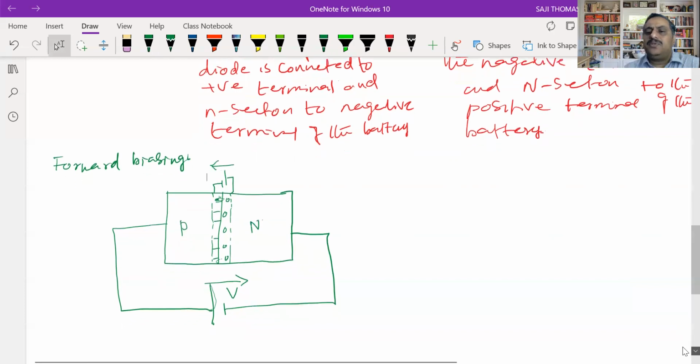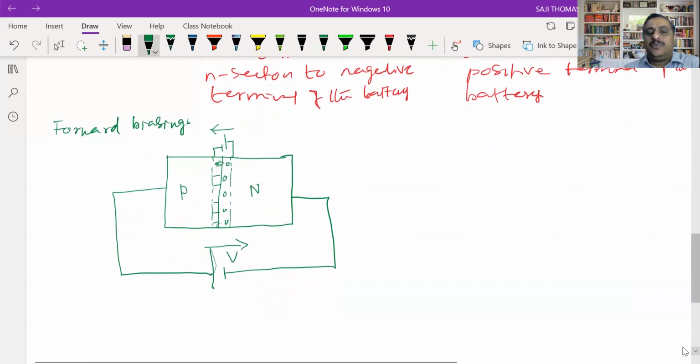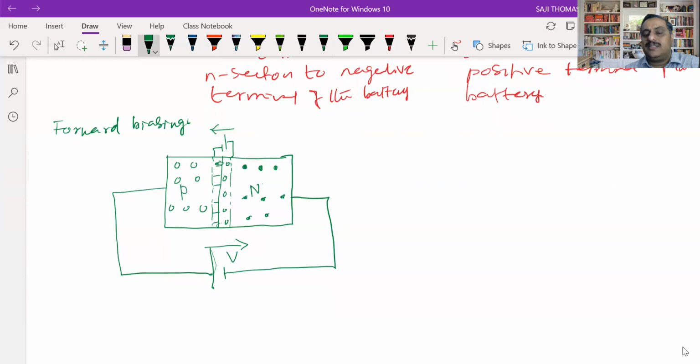Now, what happens during this forward bias? You can see there are holes in the P section. Majority carriers are holes. In the N section, electrons are the majority carriers. Here the positive terminal repels the holes towards the junction. So the holes reach the junction and neutralize some of the ionized cores.